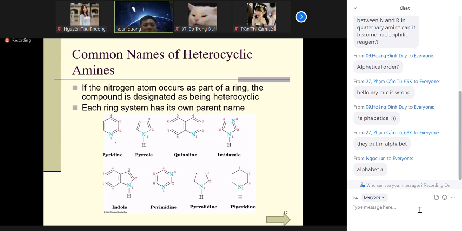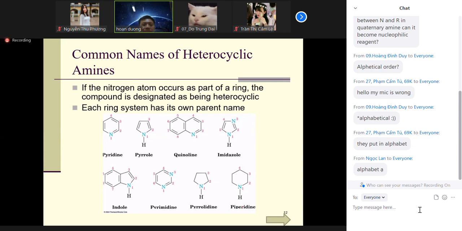And then you have pyrrole, where you replace one carbon by an NH, and have one more here. Naphthalene, remove and put one nitrogen in, and here imidazole. Very interesting structures, and indole and pyrimidine and pyrrolidine, and pyridine. So these compounds, we have one more chapter to learn about, okay?